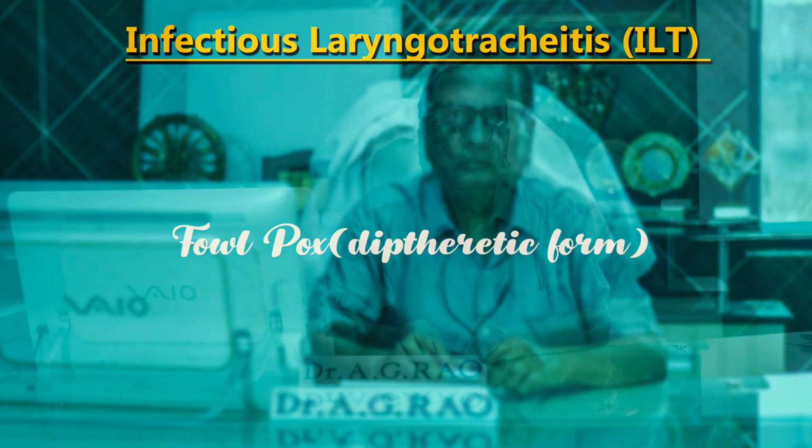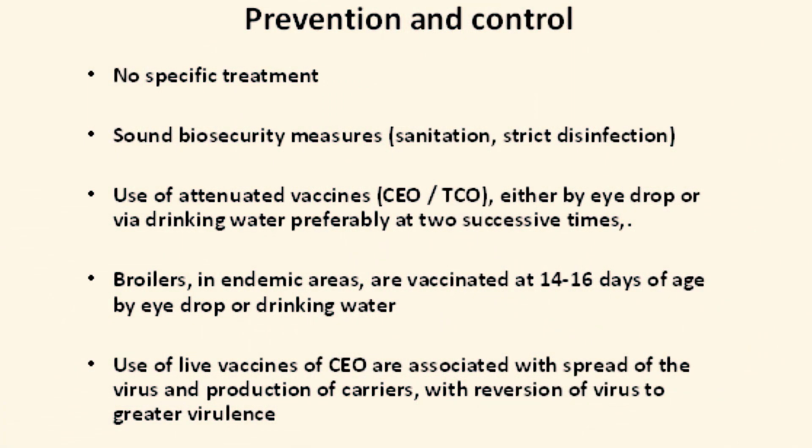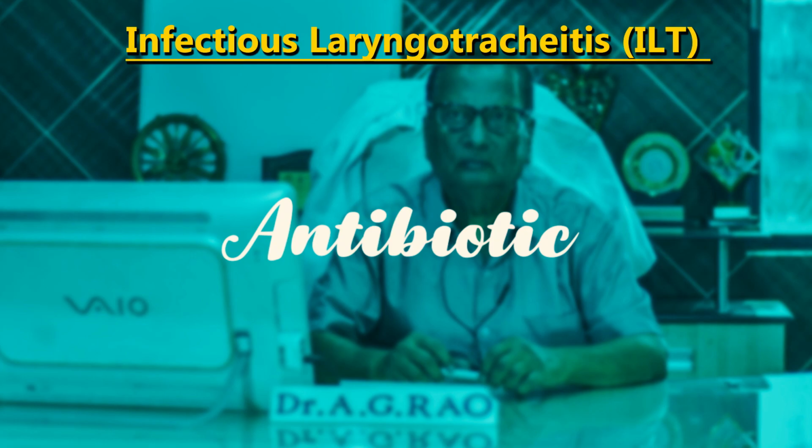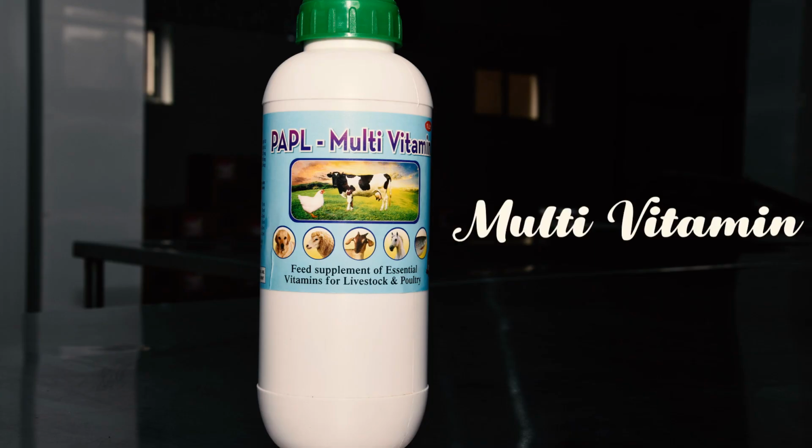As regards prevention and control, there is no specific treatment since it is a viral disease, but supportive treatment can be given to rectify the secondary bacterial infections, like antibiotic treatment with multivitamin supplementation.